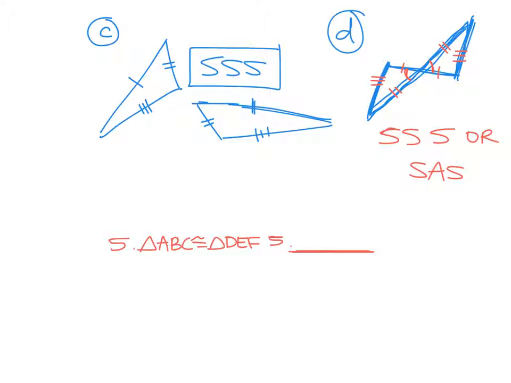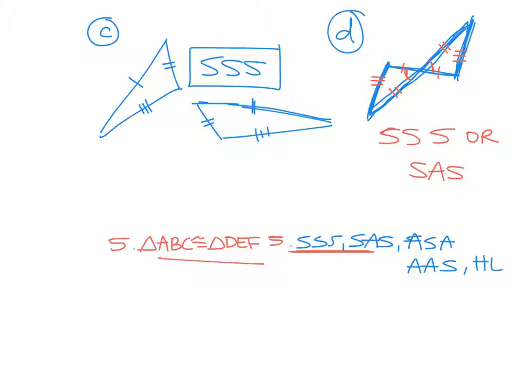Either the definition of, not the definition of congruent triangles, you can put SSS or SAS. Right. So whenever you are proving triangles congruent, it is always going to be SSS, SAS, or I'll just give you the other ones you're going to learn, but we haven't learned these yet.